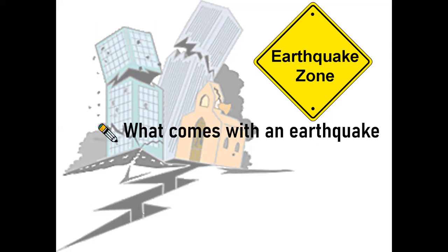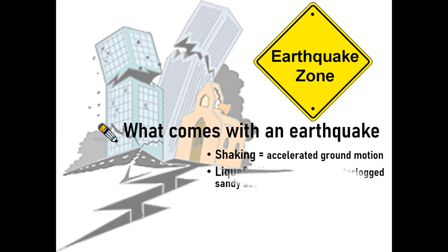Okay, so what comes with an earthquake? What happens? First, we can have the shaking, which is the ground motion. Okay, the earth is going to move. Then we have the liquefaction, which is when the sand substrates under the ground get filled with water and become liquid or semi-liquid, letting the buildings on top sink.